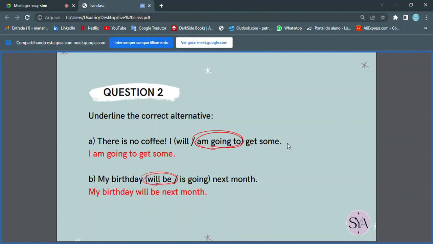The correct answer is I am going to get some. The next one is my birthday will or going to next month. Sorry, I forgot to write the going to here. But the correct answer is will be. So my birthday will be next month.